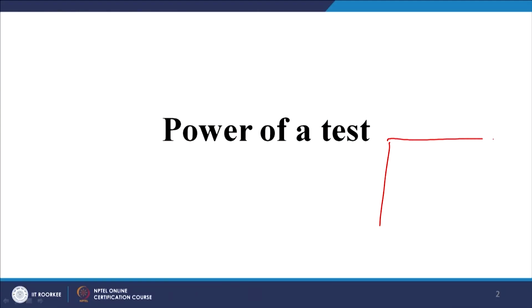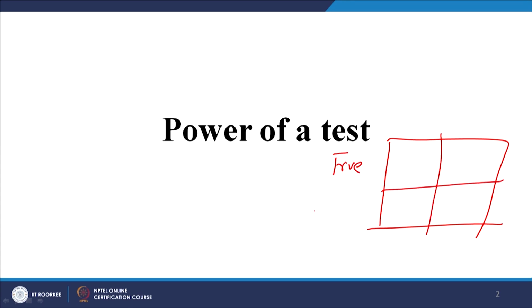If you remember, last class we spoke about these two errors, when the hypothesis was true or false, and it was accepted or rejected. When it was true and accepted, it was okay. When it was true but rejected, we said it is alpha, or a type 1 error.